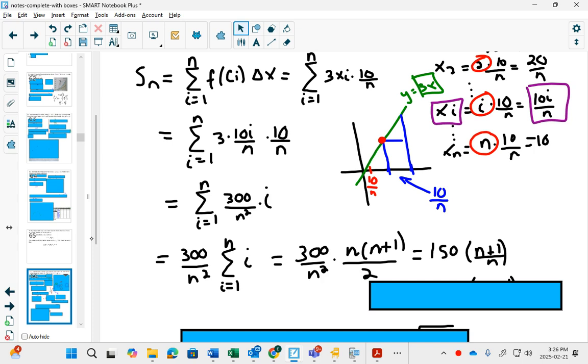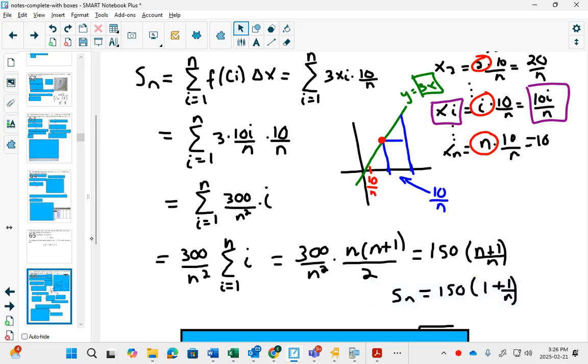Which the 300 and the 2 simplify to 150. One of the n's cancels out. We have n plus 1 over n, which we could unadd fractions. And write n plus 1 over n as 1 plus 1 over n. If you divided the n by n, you'd get 1. If you divided 1 by n, you'd still have 1 over n.